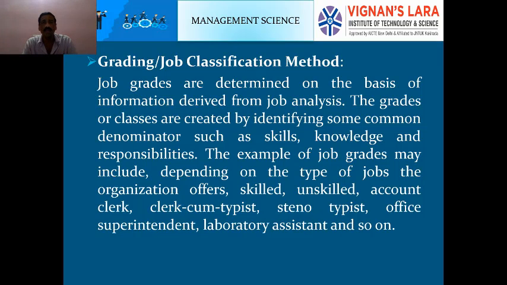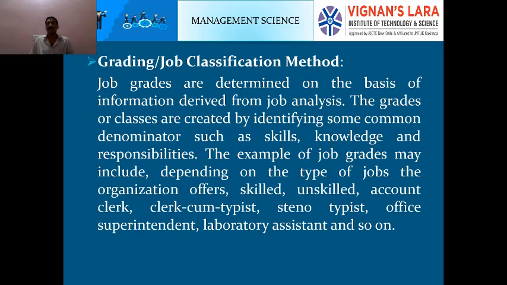That is, job grades are determined on the basis of information derived from job analysis. The grades or classes are created by identifying some common denominator such as skill, knowledge and responsibilities. Examples of job grades may include, depending on the type of jobs the organization offers, skilled, unskilled, account clerk, clerk cum typist, stenotypist, office superintendent, laboratory assistant and so on.